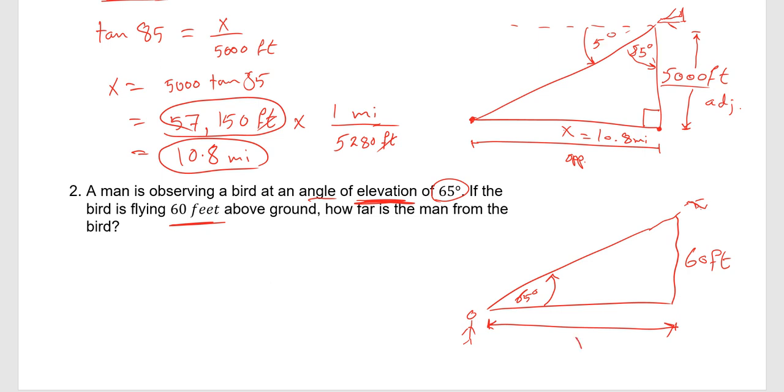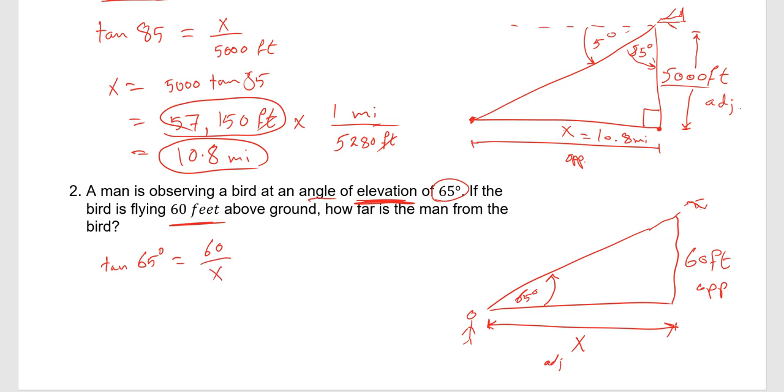Let's call it x. Again, we have an angle, the adjacent side, and the opposite side, or leg, which calls for using tangent again. So tangent of 65 degrees is equal to 60 over x.